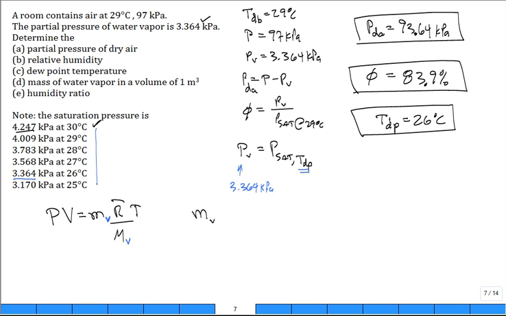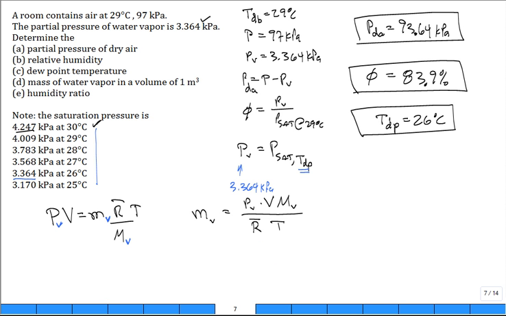So we use the molar mass of the vapor and the partial pressure of the vapor in the moist air mixture. Okay, so the mass of the vapor is equal to the partial pressure of the vapor, the volume of 1 cubic meter, the molar mass of vapor, 18.02, divided by the universal gas constant and the absolute temperature.